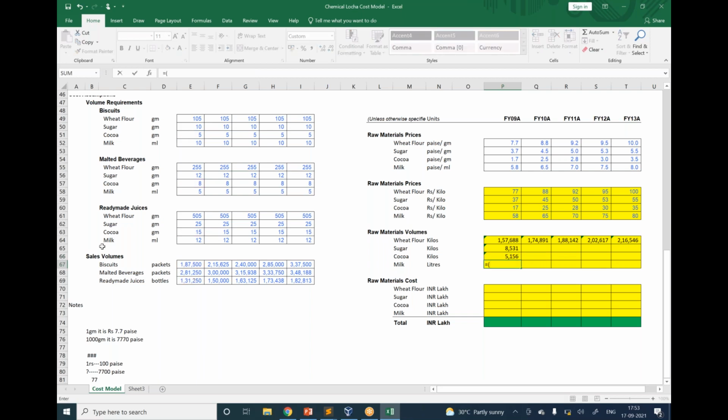And then last one, 10 into this plus 5 into this plus 12 into this. Close the bracket, divide by 1000. Okay. Then the last three cells, drag it to the right side.